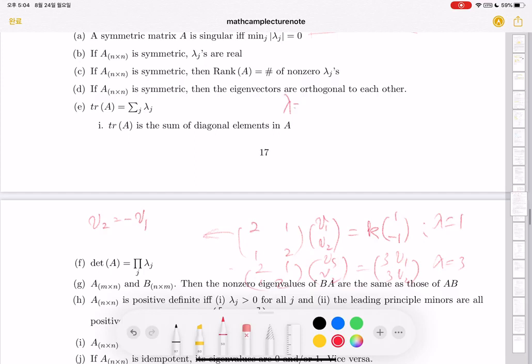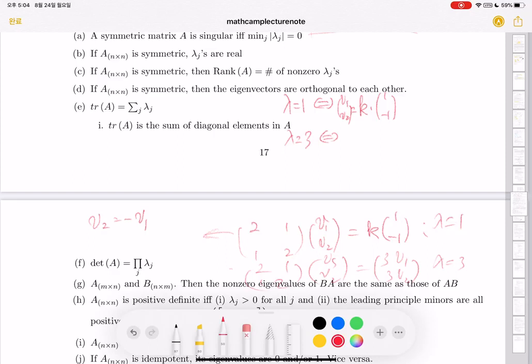For lambda is 1, we have k times 1 and minus 1.